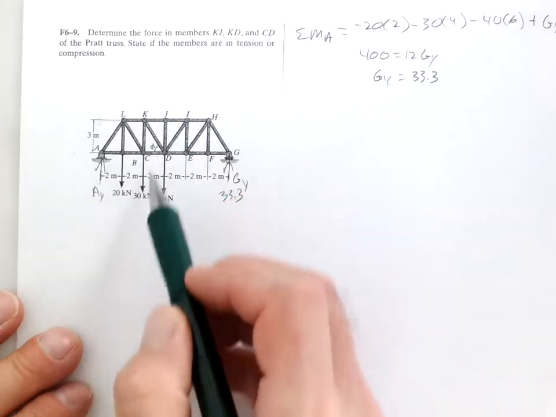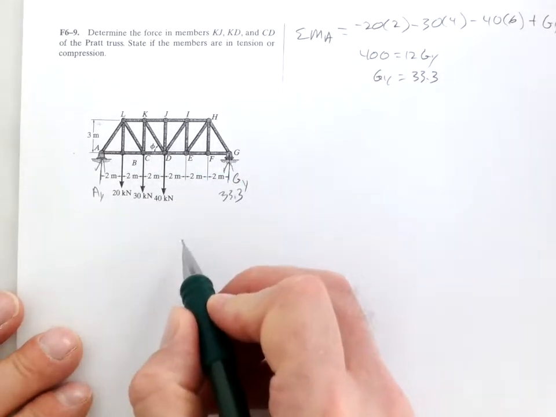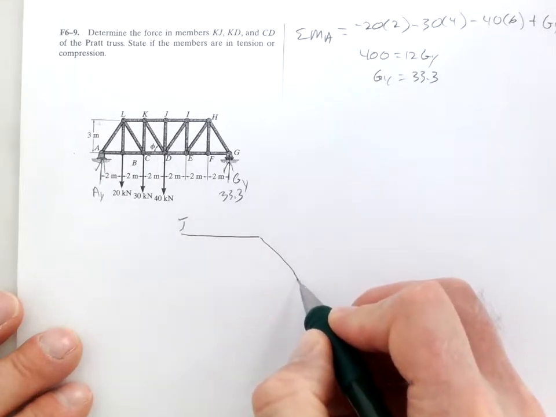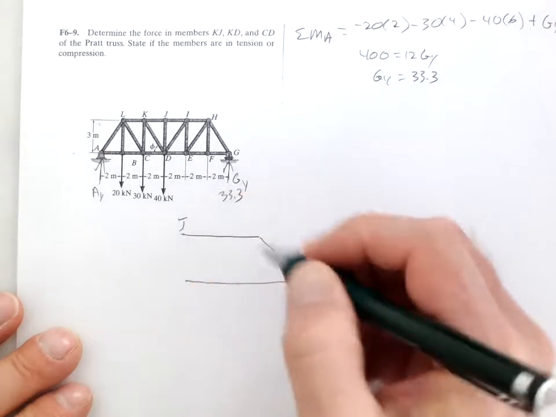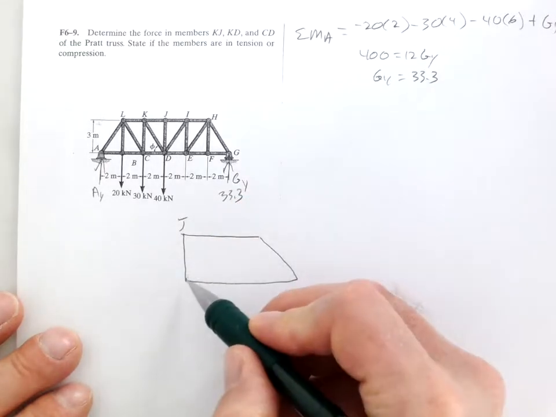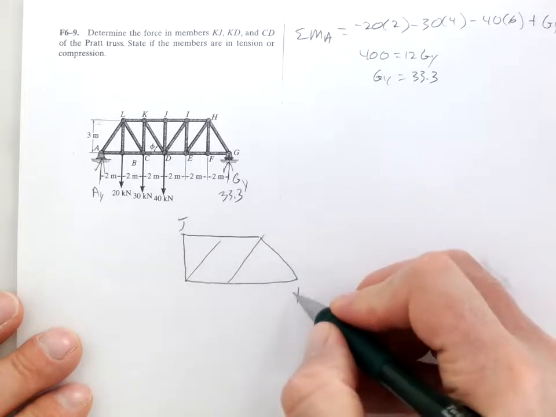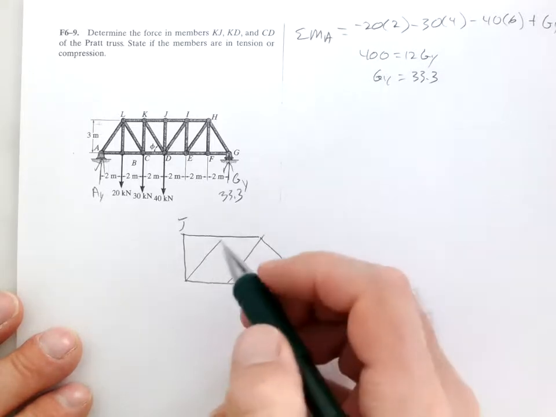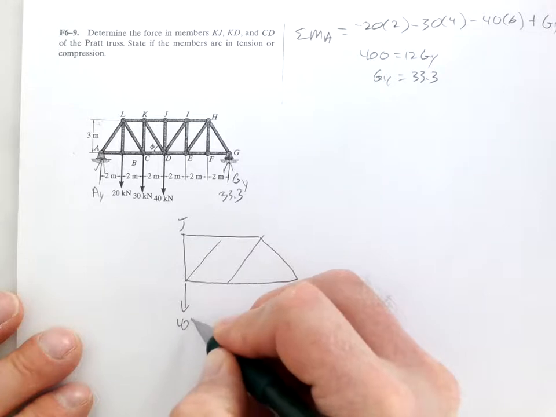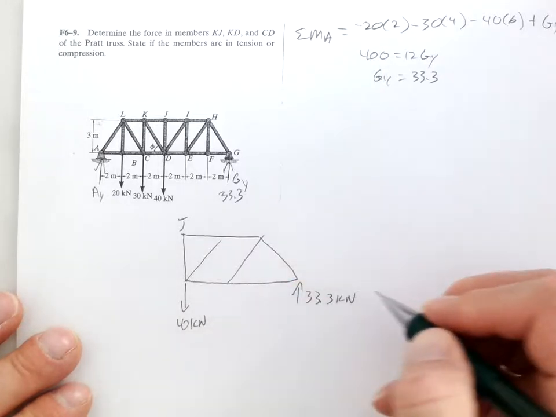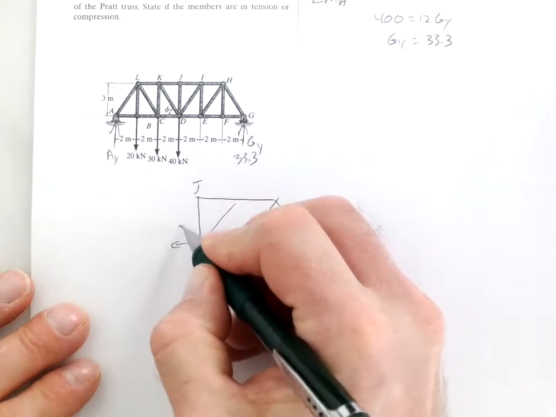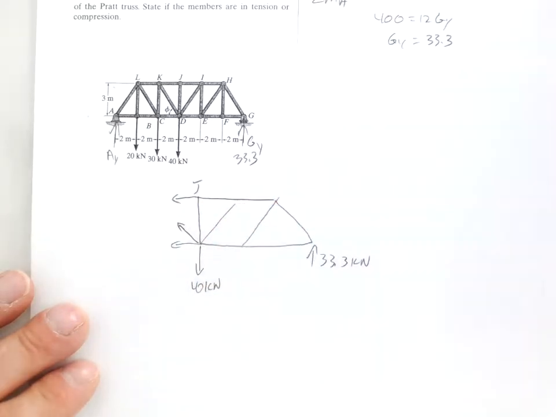So let's cut it and redraw this side. Here's J. We have 33.3 here, and we have 40 kilonewtons there, and we have a force here, a force here, and a force there.